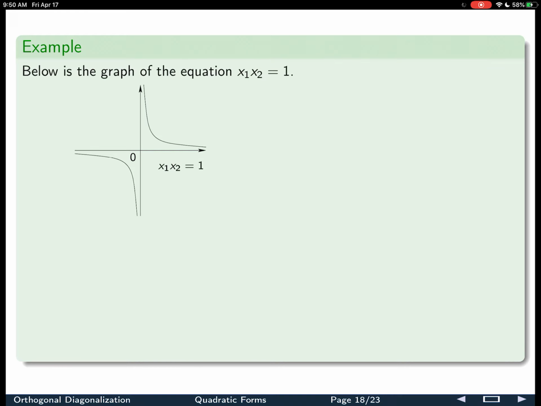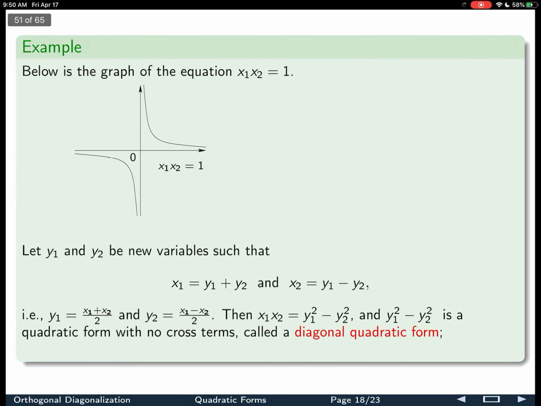Here we have a conic, a hyperbola, just given by the multiplication of two variables. This is like x times y equals 1, or y equals 1 over x, if you want to think about it that way. But when finding the principal axes of this conic, this curve, you can create some new variables, y1 and y2.